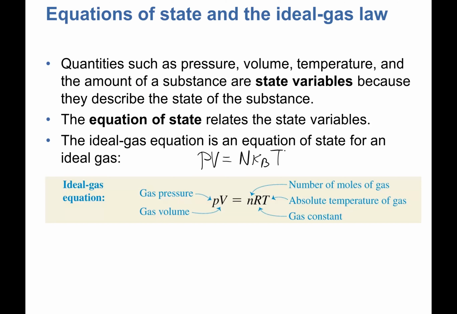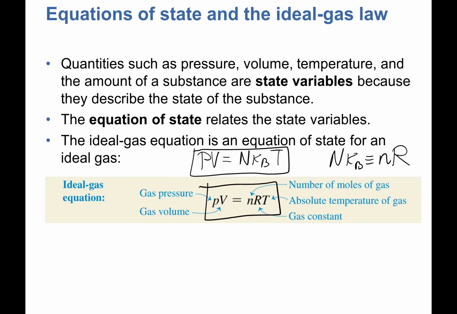Now, this N times K_B is also equivalent to the number of moles times another constant, known as the gas constant. That means I have two equations of the ideal gas law. One in terms of number of molecules and another in terms of number of moles. And usually the second one is the more commonly used equation.